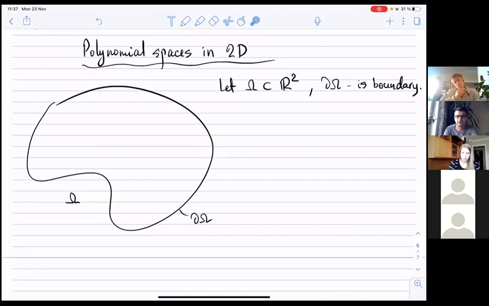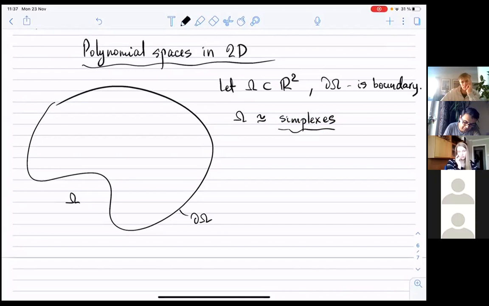In 2D, there are many ways, of course. The easiest way is dividing omega into simplexes, so omega is approximated by simplexes. What are simplexes? I recently saw some good documentation on Wikipedia. I usually don't read Wikipedia, but they wrote something very good about simplexes. Simplexes are a collection of triangles, edges, and points.